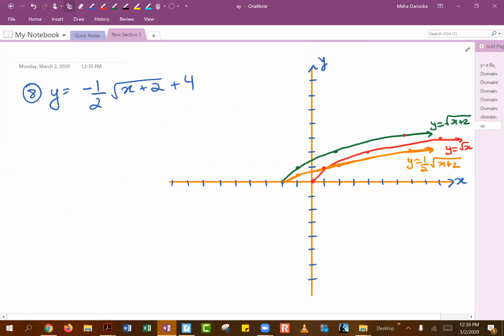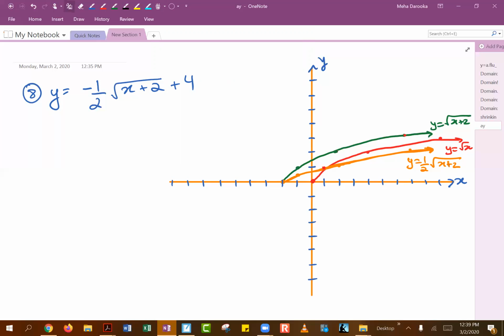So basically a good way to know if you've got the shrink, you're shrinking it by 1/2, right? So the distance between the green graph and the x-axis should basically be cut in half by this shrinking graph. So you should be exactly halfway between that green graph and your x-axis, because that's by how much we shrunk our graph, right?